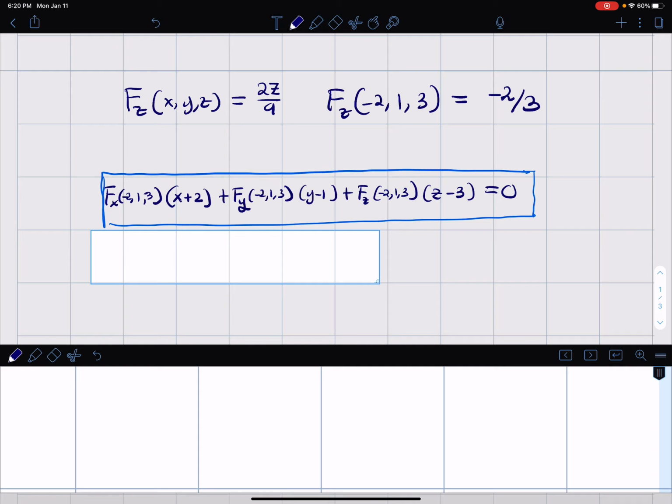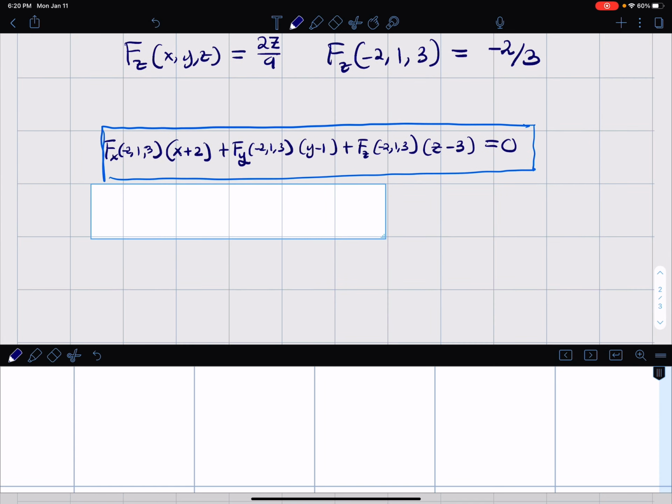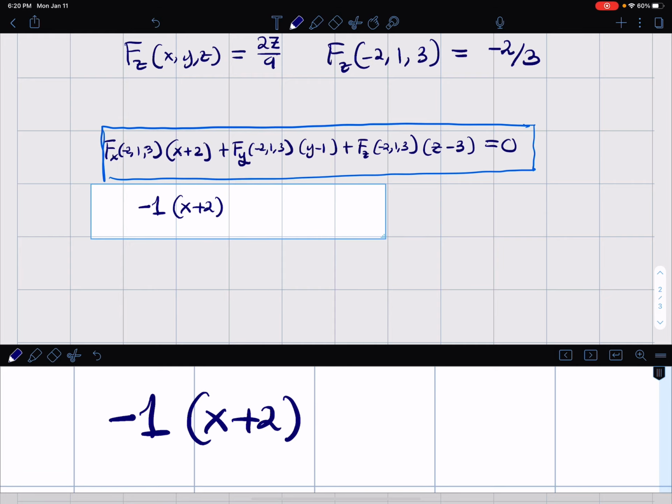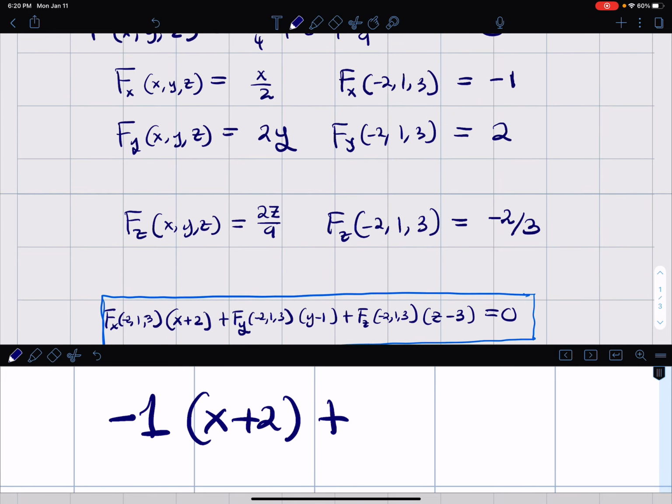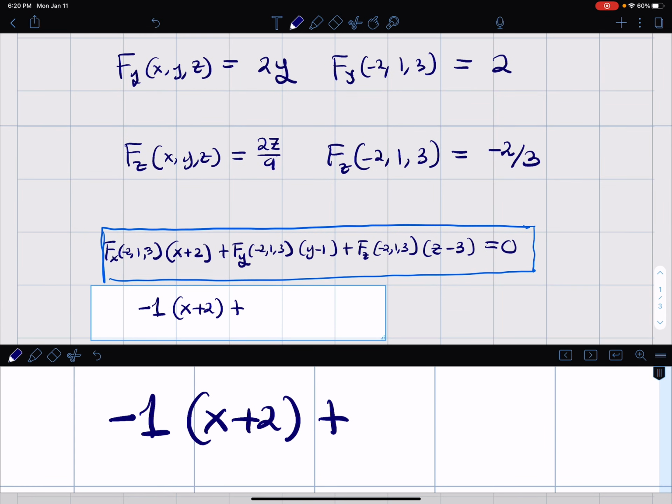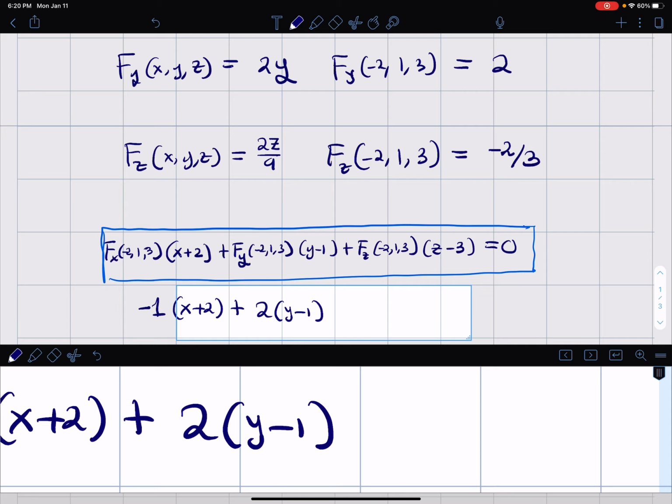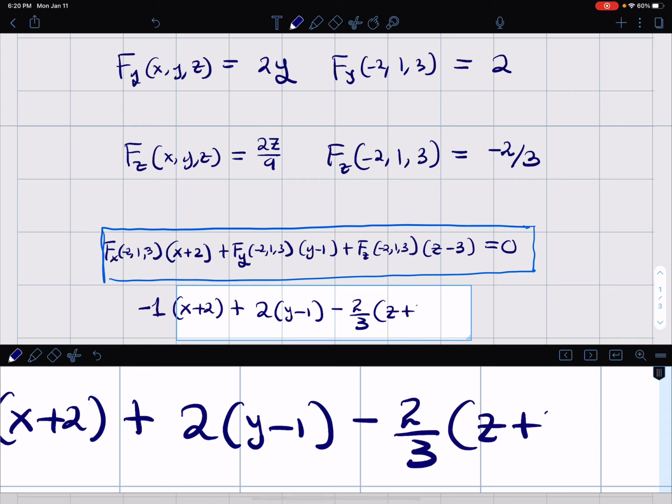So Fx at the point is -1, so we have -1 times x plus 2, and then Fy is 2, times y minus 1, and then Fz is -2 over 3, times z plus 3.